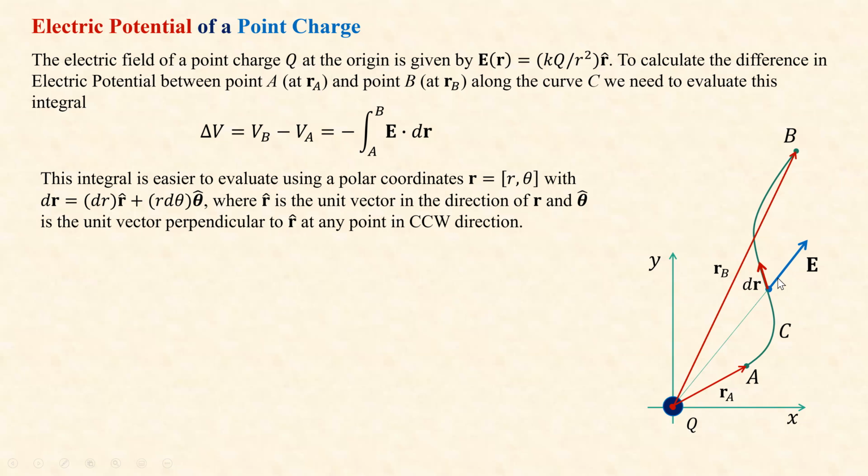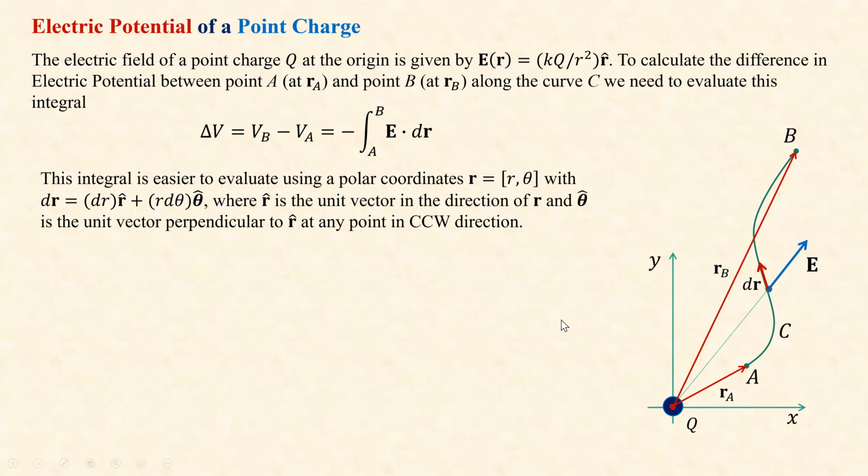So you can split this dr into two components. One is radial, which is dr times R hat. One is azimuthal, which is perpendicular to R hat. R hat is the unit vector in the direction of R, and theta hat is the unit vector perpendicular to R hat at any point in the counterclockwise direction. Of course, we're talking in the plane.